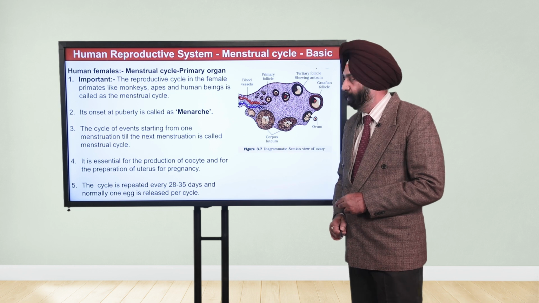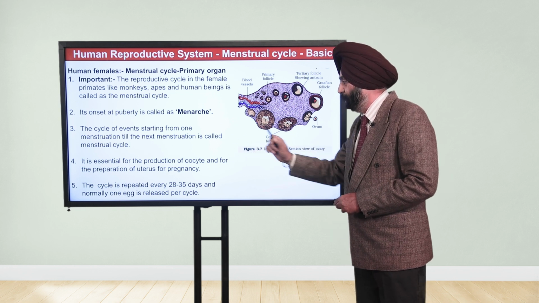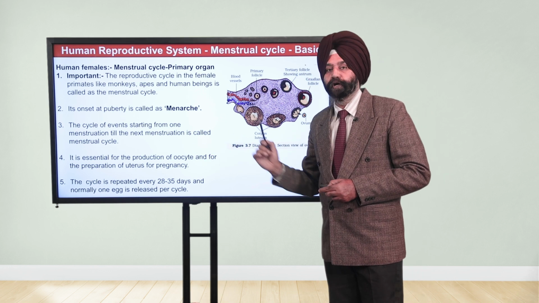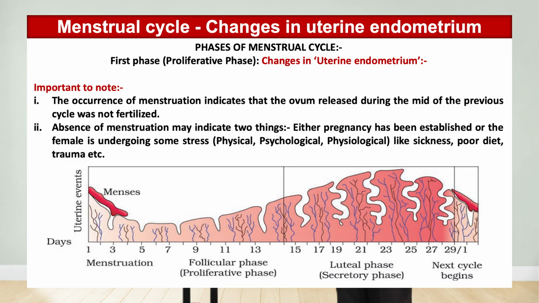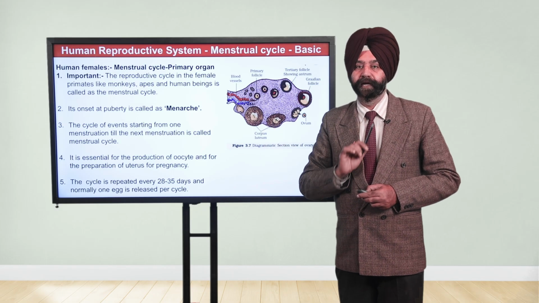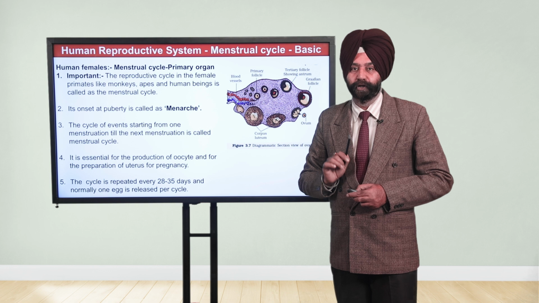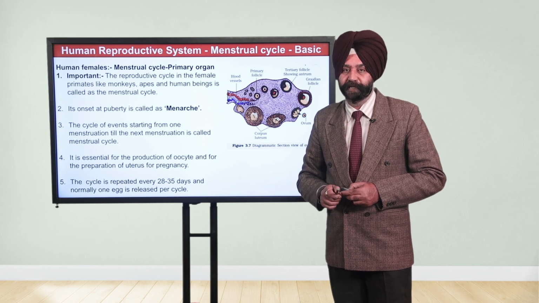It is essential for the production of oocyte as we can see here, and also for the preparation of uterus for pregnancy. This cycle is repeated every 28 to 35 days and normally one egg is released per cycle.